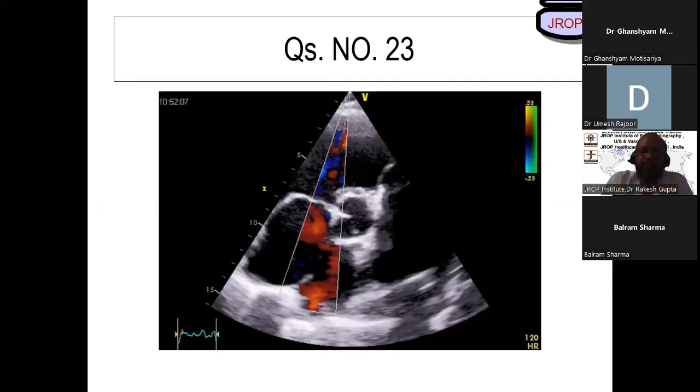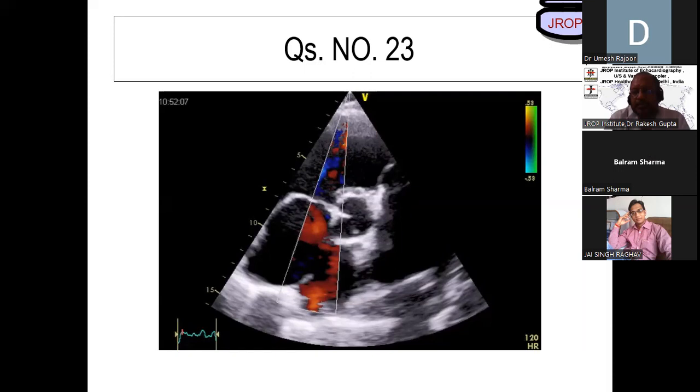So ASDs are of types: when at the level of fossa ovalis, this is known as secundum. When it's closer to atrioventricular valve, that is septum primum ASD. Then at the level of sinus venosus, that is SVC or IVC type of ASD. Then last is unroofed coronary sinus. Right.